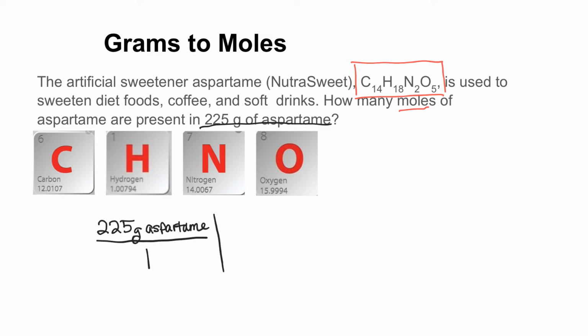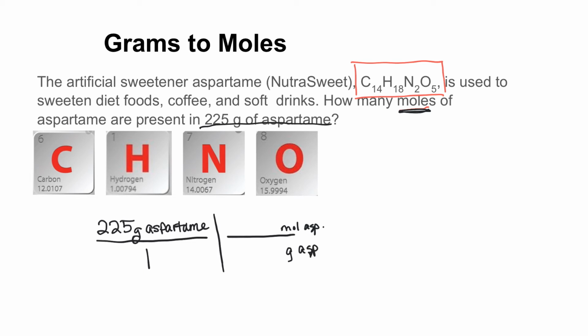And then we need to convert this to moles. They're asking us to find moles, so moles are going to be in our numerator, moles of aspartame. I'm going to abbreviate it. And down here we would have grams of aspartame, right?